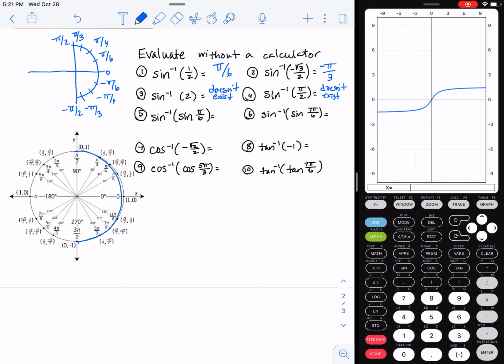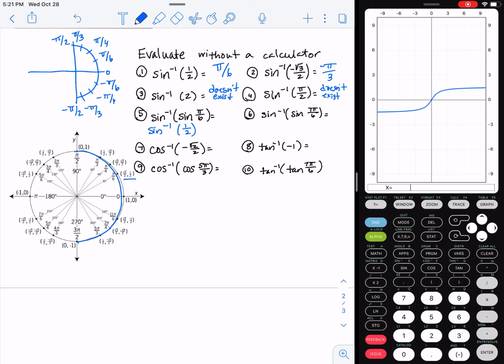Number 5 has a couple of things going on, and keep in mind you have to start with your parentheses here. The sine of pi over 6. Well, if I go to pi over 6, the sine of that is a half. Then if I ask what's the arc sine of a half, I'm restricted to quadrants 1 and 4.